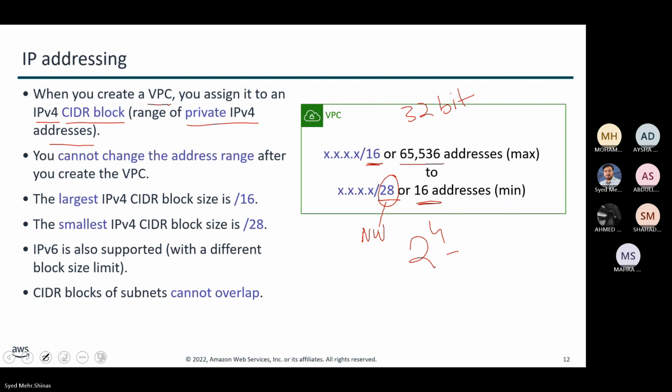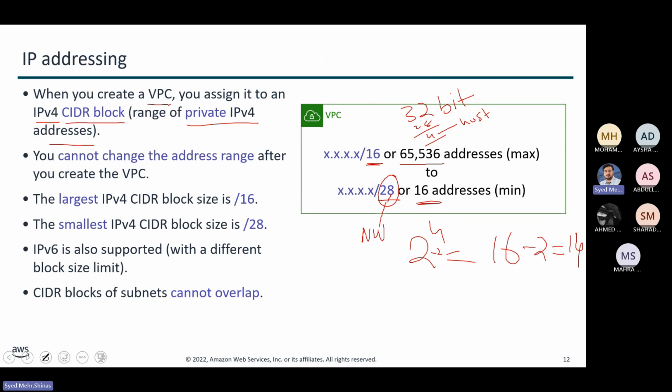So 32 minus 28 leaves 4 bits for the host. 2 power 4 is 16, and 16 minus 2 is 14 hosts. So the number of hosts is 2 power h minus 2. You know this one, right?